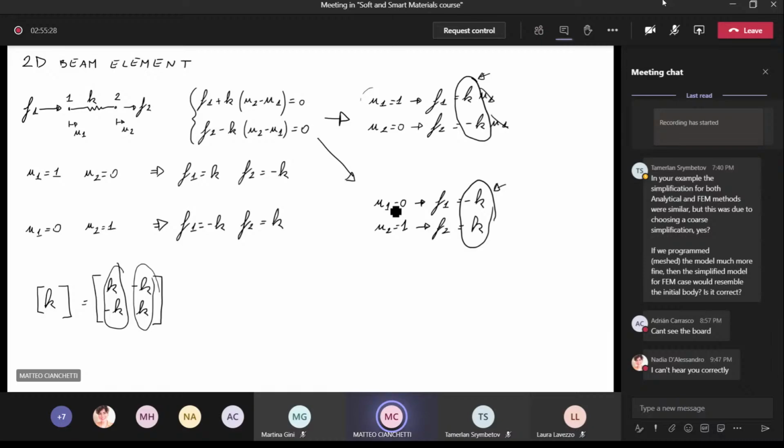Let's make another example, and let's go back to the 2D beam element. That is actually the exercise that I wanted to make. First of all, what is the difference between a bar and a beam? A bar takes into consideration only axial loads. A beam is instead also taking into consideration bending stiffness.